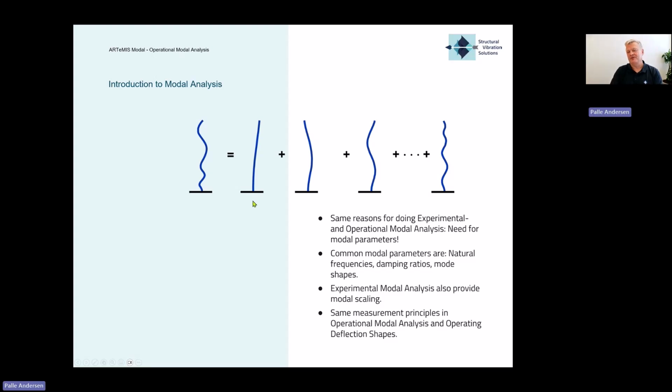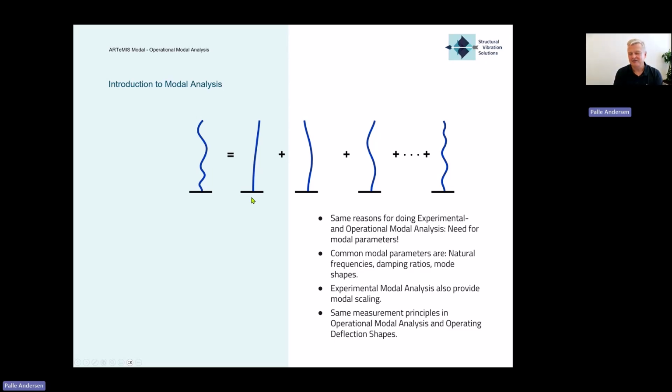One of the most visible things is, of course, the so-called mode shape, which tells us how a dynamic mode behaves spatially. We can animate it, and it allows us to see how the structure vibrates in this dynamic mode. Besides that, there is a parameter called the natural frequency, the frequency where this mode likes to vibrate most.